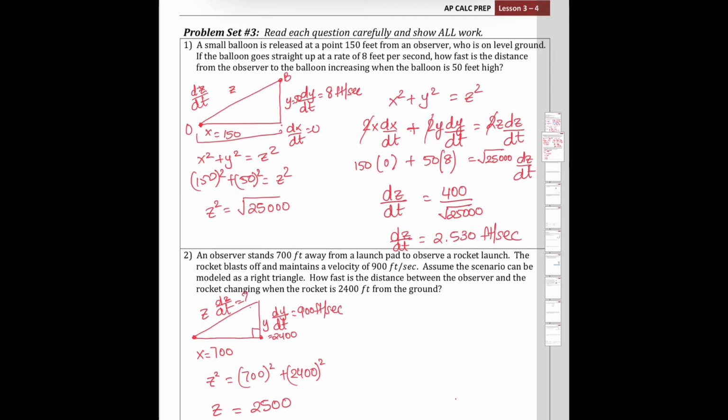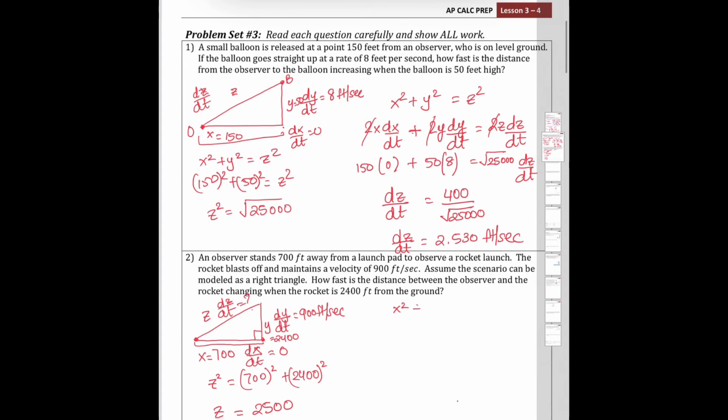Okay, so now again, my horizontal distance, or my rate of change, dx over dt, is going to be 0 for this distance, because the distance between the observer and the rocket launch is not going to change. It's a constant, right? So what is the derivative of a constant? It is 0.